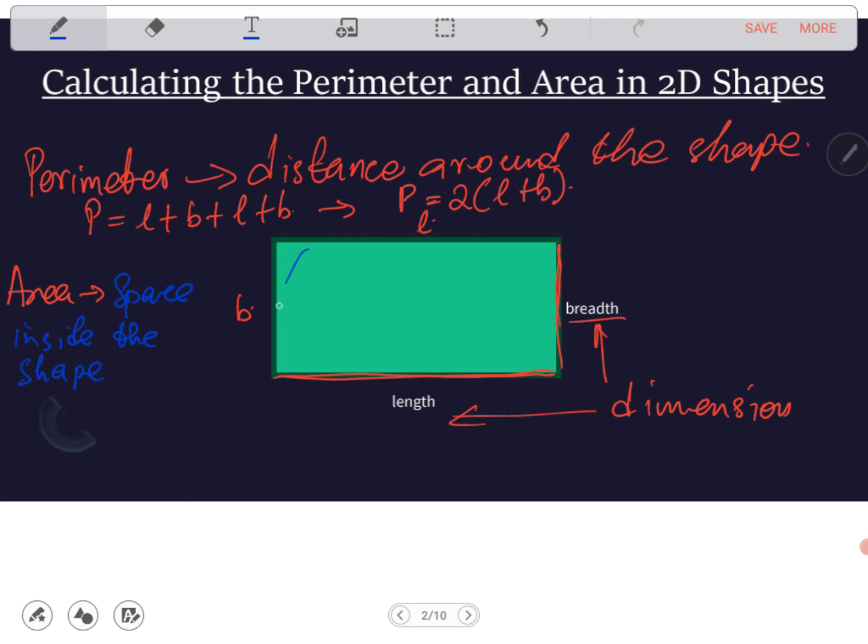So how much space do we have inside this shape? This is what we call the area. To find the area, we can simply say area is the length times the breadth. All right. So let's get into a few examples here.